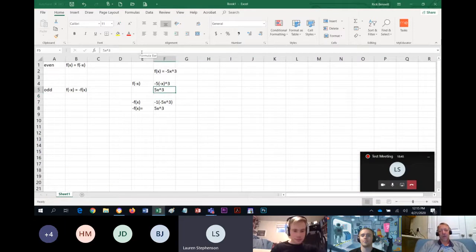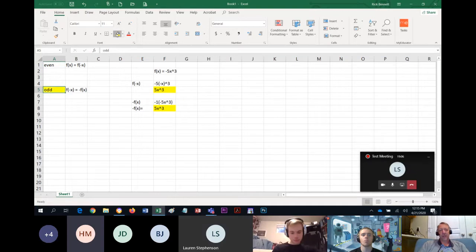So does this function equal that function? Yes. So is it odd? Yes, it is odd. So if it's odd, there's no reason to check even. If it's even, there's no reason to check odd.